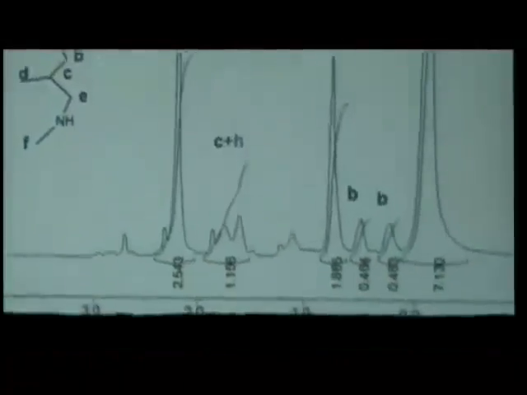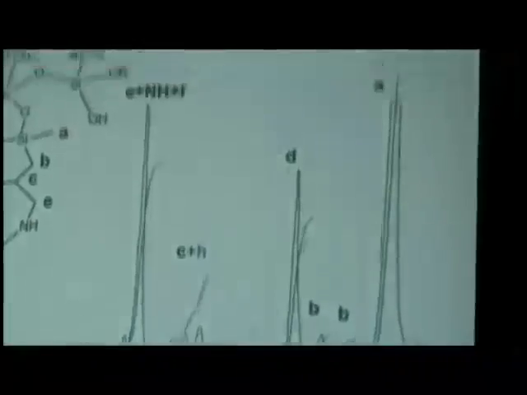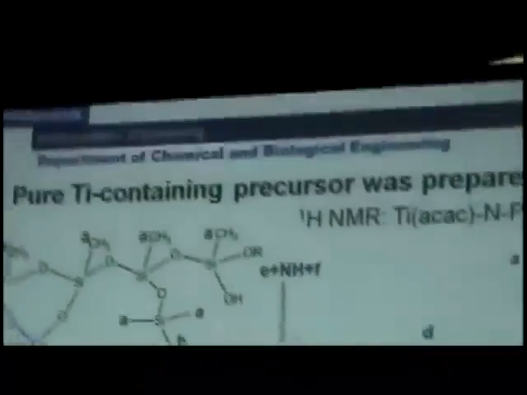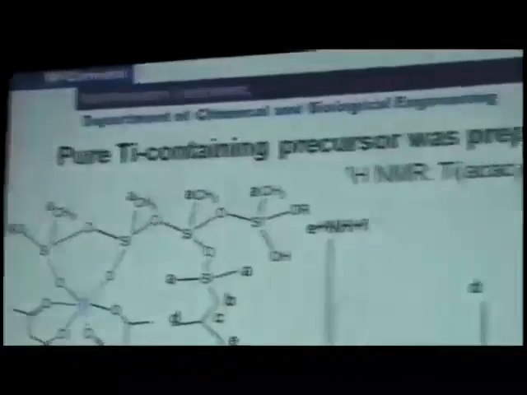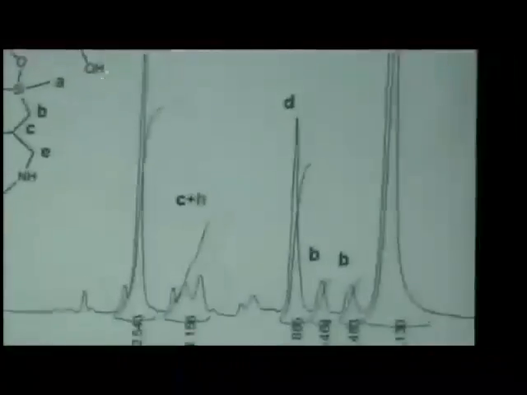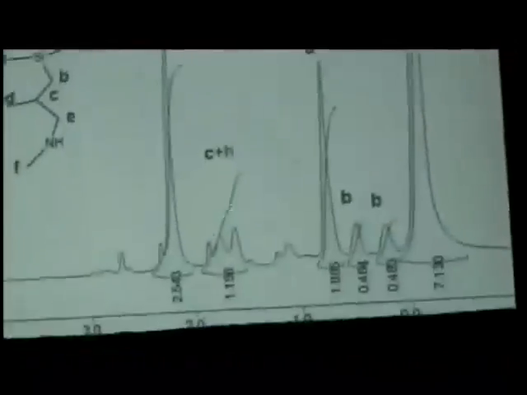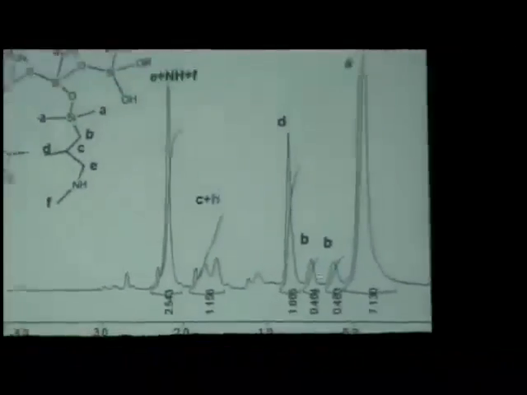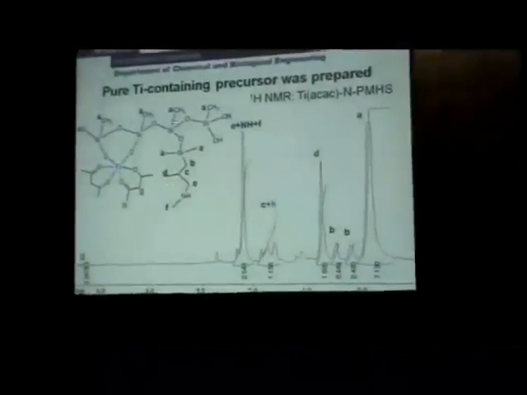We can also look at silicon NMR and carbon NMR and all of those to help us identify what we have. In this particular case, this is a proton NMR. You see the A, B, C, D, E, F, G, all these different protons at different positions, and we integrate the peaks and so on, to know exactly the material that we have.